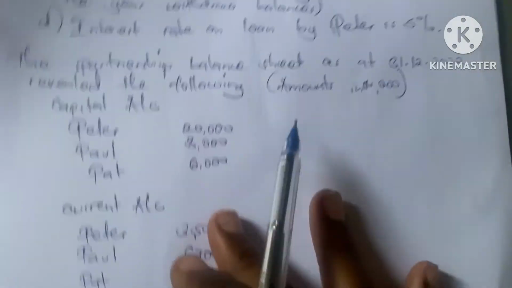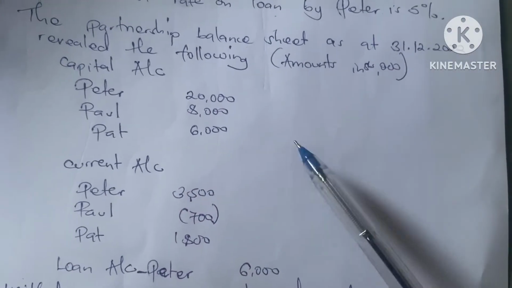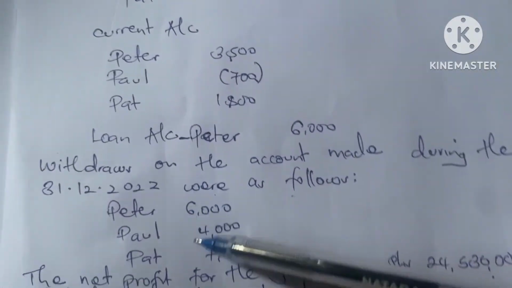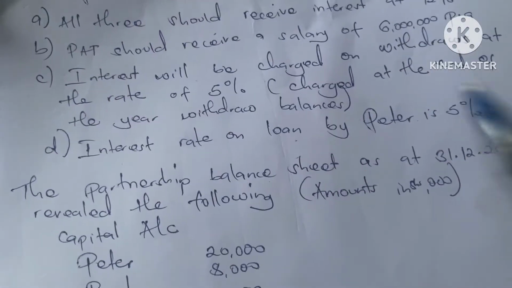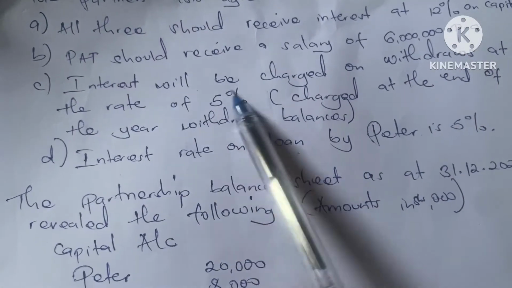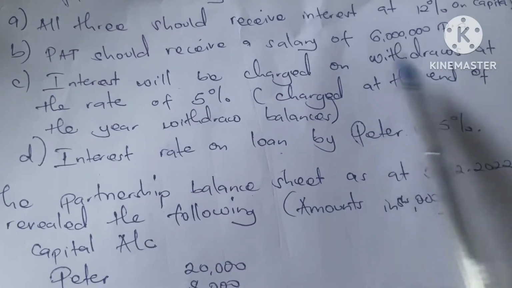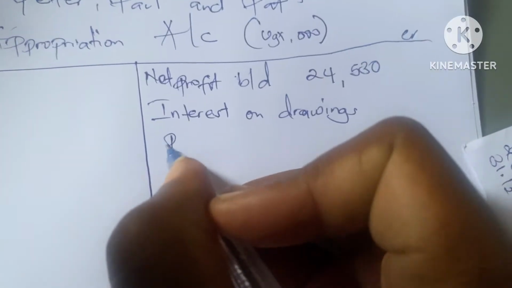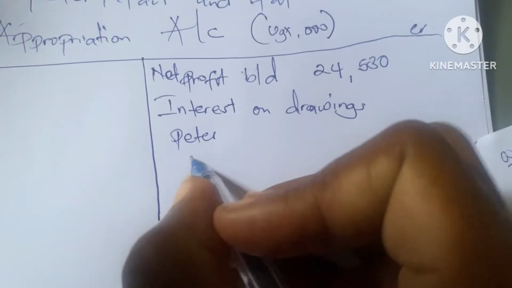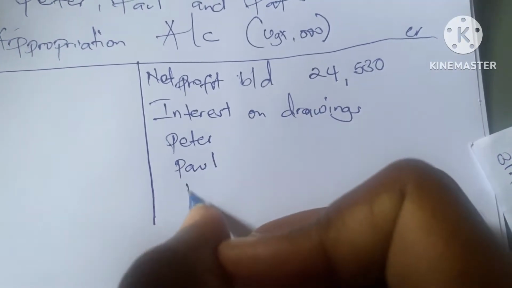They've given us the drawings for the year for all the partners, and they've told us interest will be charged on withdrawals at a rate of 5%. So 5% is the interest. We have 3 partners: Peter, Paul, and Pat.